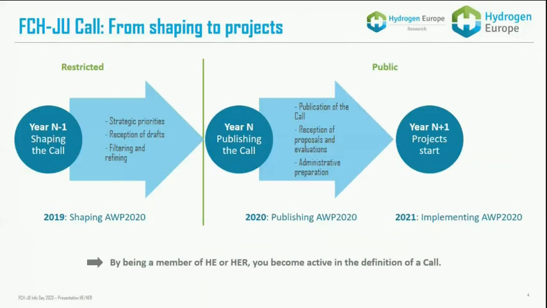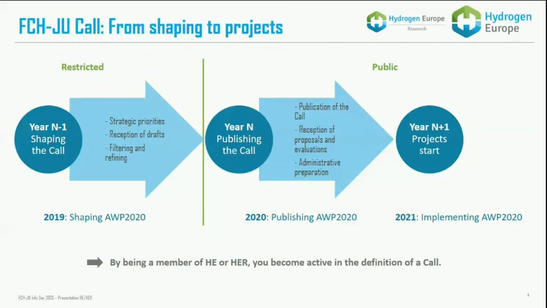Very practically, how does it work to shape a call, from a call to project? So today in 2020, we are at the end of the year, where the call was published. This call has been shaped with the members of Hydrogen Europe Research, together with the European Commission and the Programme Office, following strategic priorities that were defined by the Governing Board.